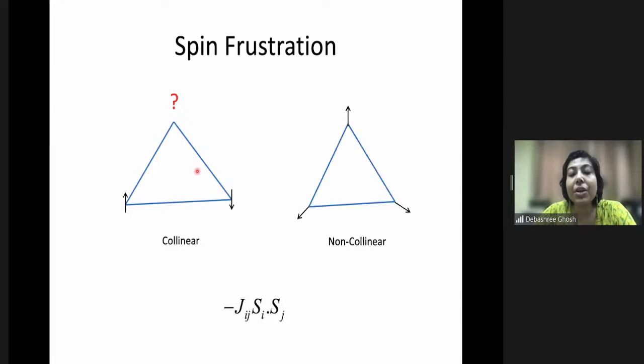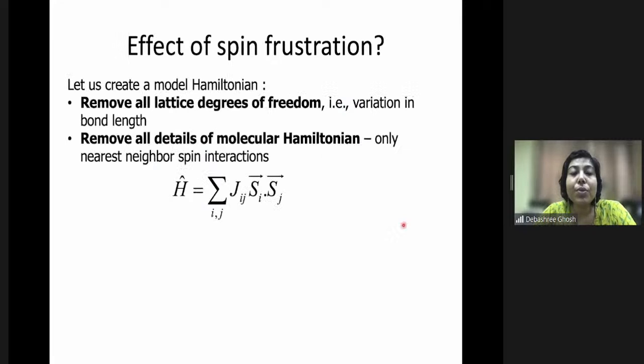And similarly, if you have a non-collinear situation, the spins will just be at 120 degrees with each other. So what we did at that point is, instead of looking at orbitals and the quantum chemist way of looking at it, we reduced the complexity of the Hamiltonian.